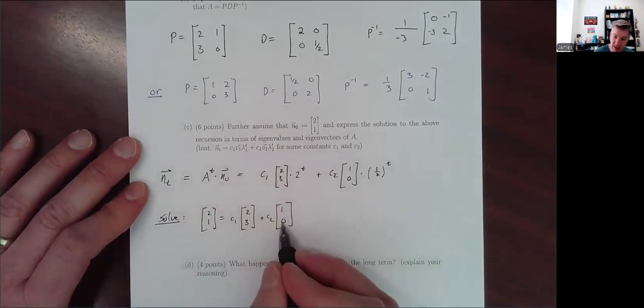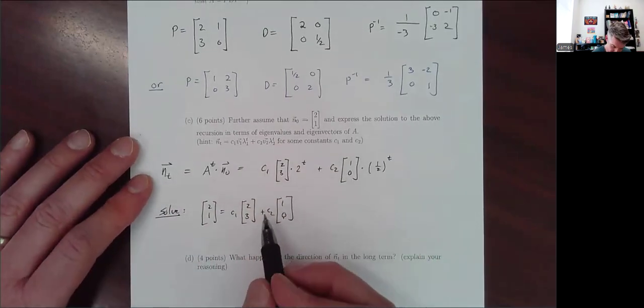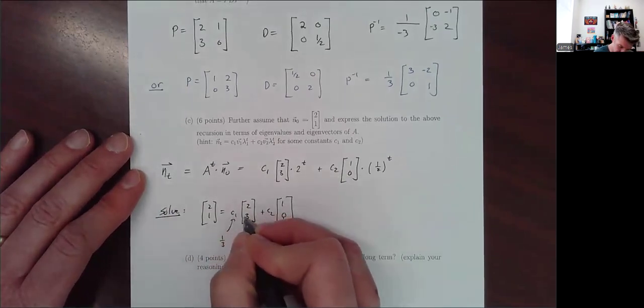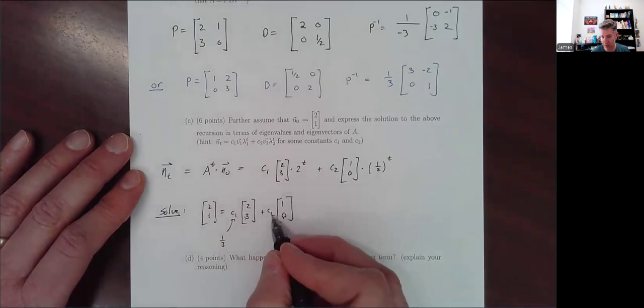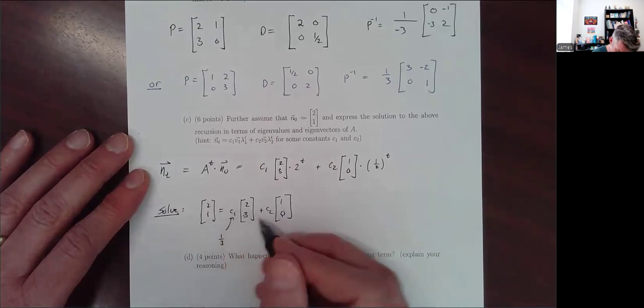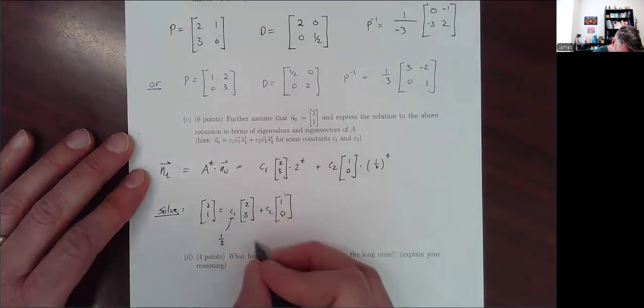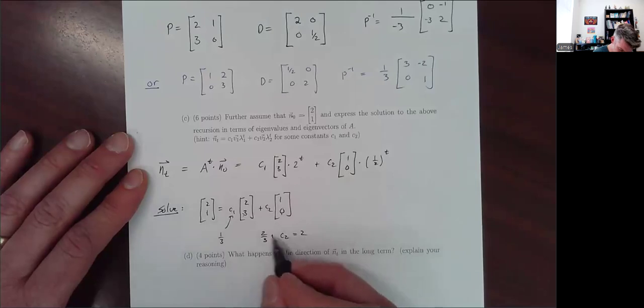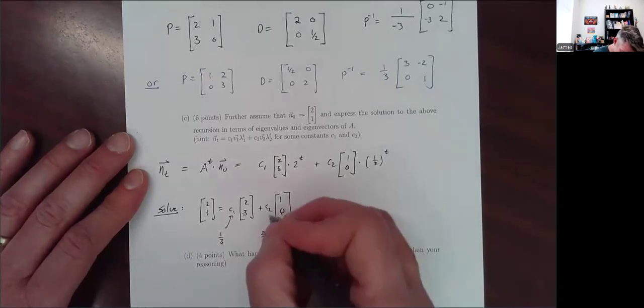It's always easy if there's a 0 there, because then we know that C1 has to be 1/3. Because 1/3 times 3 is 1, and whatever C2 is you're going to add 0 there. And then to find C2, we have 2 times 1/3 plus C2 is equal to 2. So C2 is 2 minus 2/3, which is 4/3.